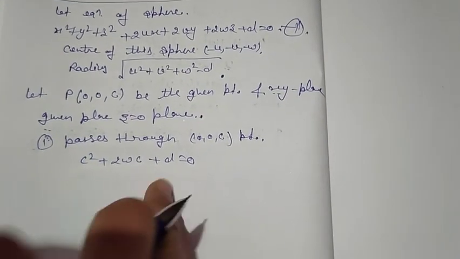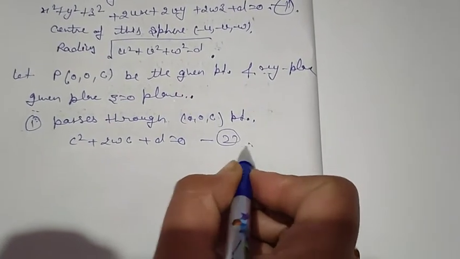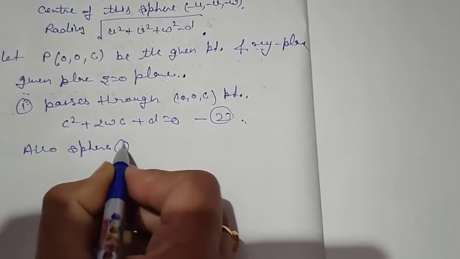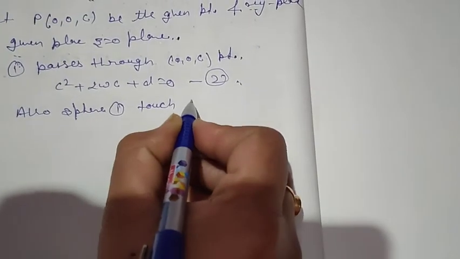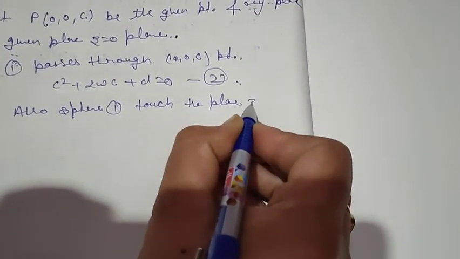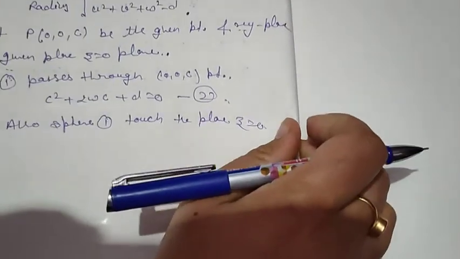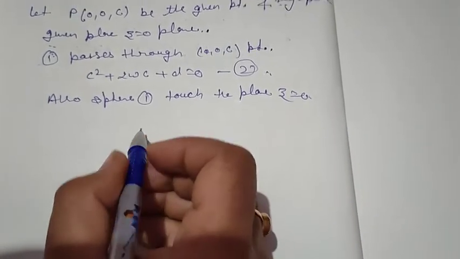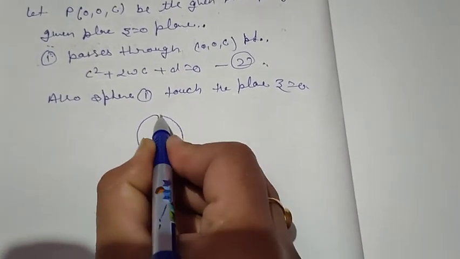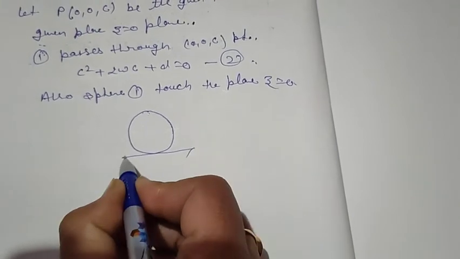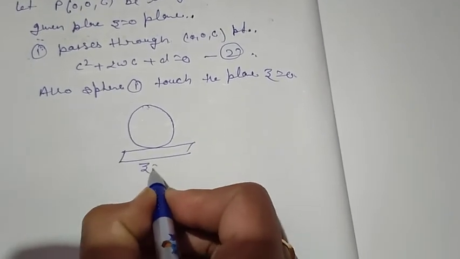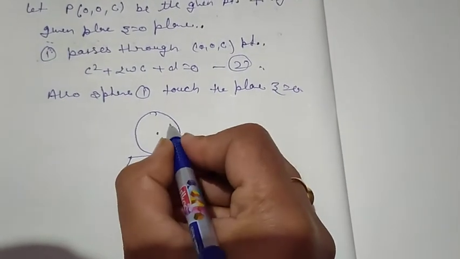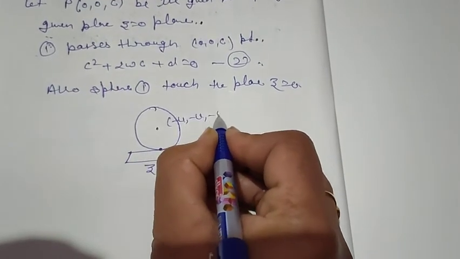This is the second equation. Also, the first sphere touches the plane z is equal to 0, touching at a point. The center of this sphere is (minus u, minus v, minus w).